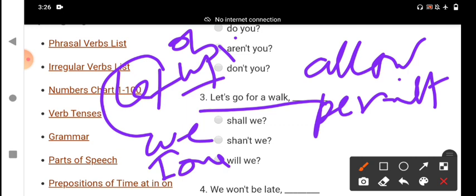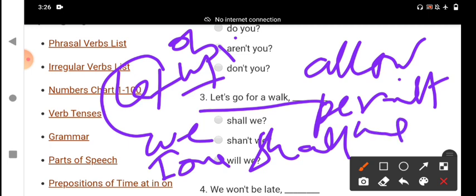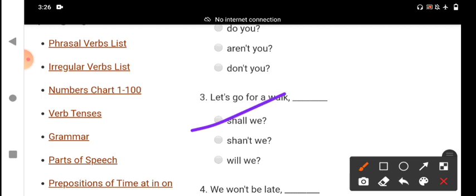When the sentence has the let's structure, what is the question tag? Let's structure, shall we, is the question tag. The first one is the right answer. Shall we? We should understand the let's.